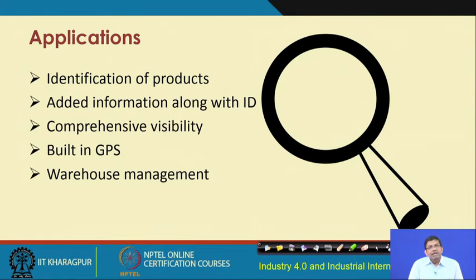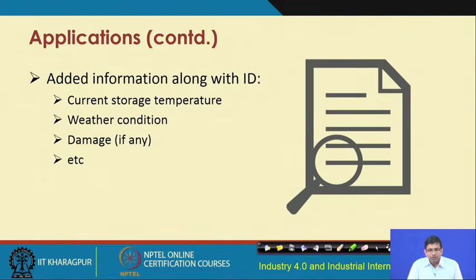Basically, identification of the products that are shelved in the warehouses, in the management of the warehouses, then adding information along with the ID, then having comprehensive visibility of the different products, the different stocked items, shelved items and so on. These are some of the different applications of the use of RFIDs in inventory management and control.